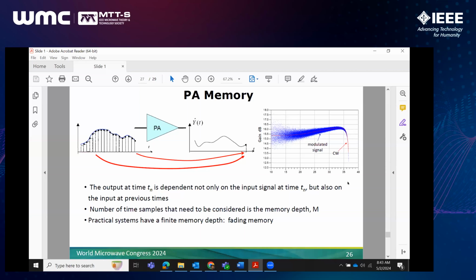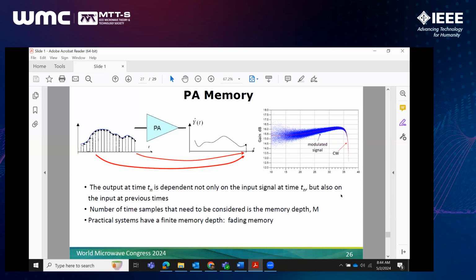On the output is Y, which is the output envelope signal. And what we'll find is that the output envelope signal at time t sub n depends on the input signal at t sub n plus previous values of the envelope signal. So the output signal has a memory component depending on the current value of the input signal plus past values.